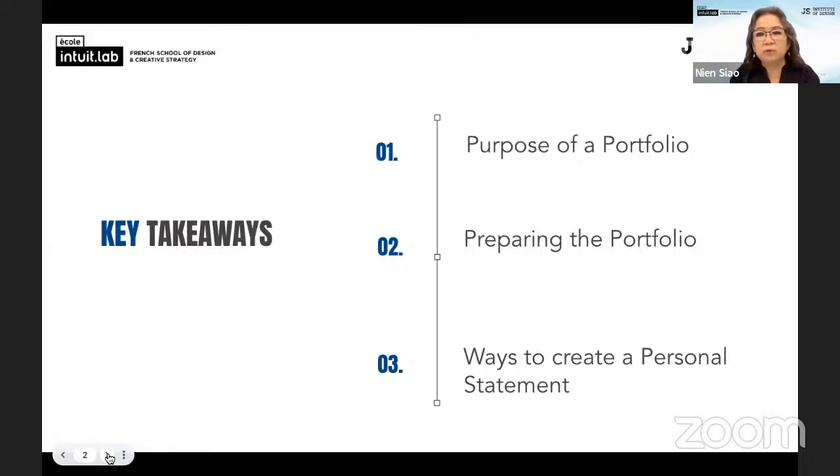The third takeaway would be to create a personal statement. That's what comes about when we look at portfolios. I would be very keen. I have been a design educator for many years, almost three decades, and we really look out for individuals, aspirants, design learners like yourself, to see that different spark.